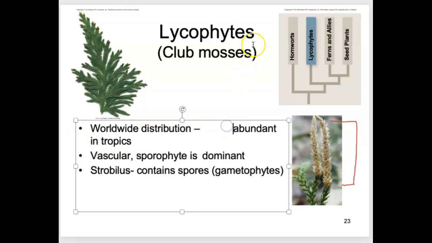So again, a huge change here as we get into not just the club mosses, but all of the vascular seedless plants. These guys are still seedless though. So they're producing what we call spores instead of true seeds.